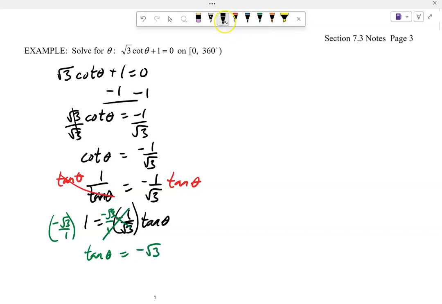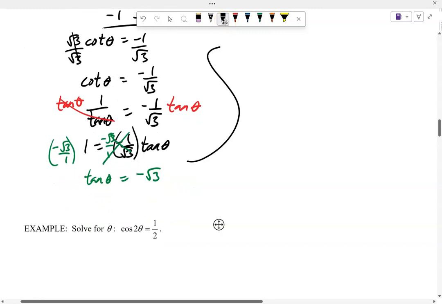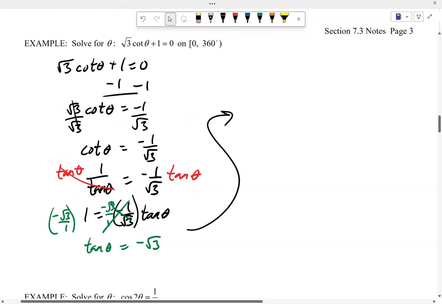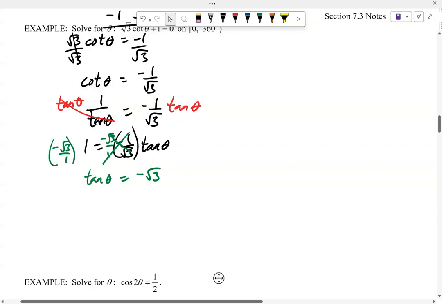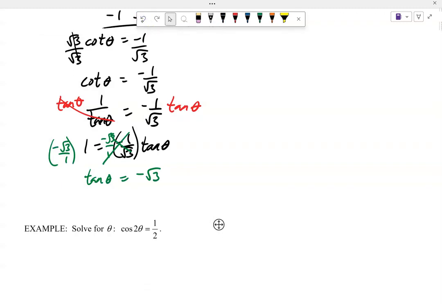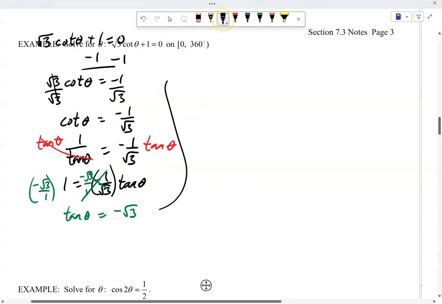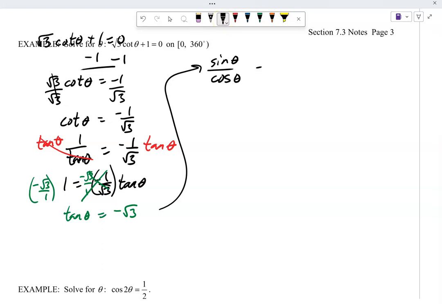So we know the sine over the cosine is negative root 3.